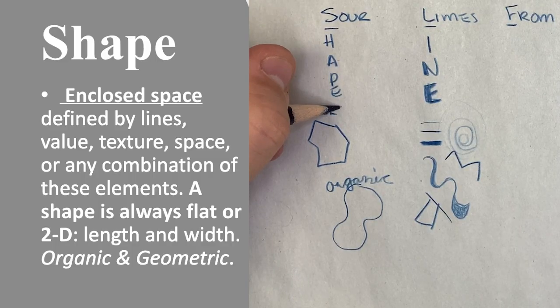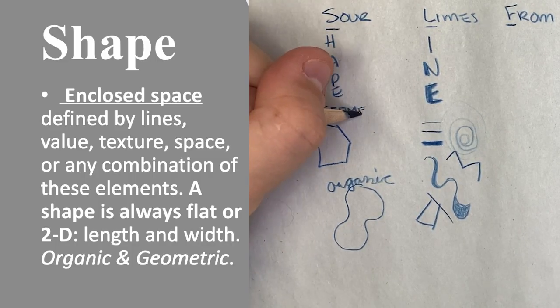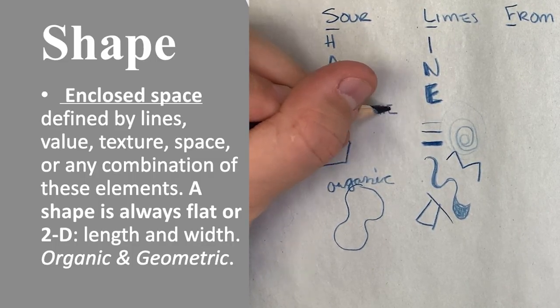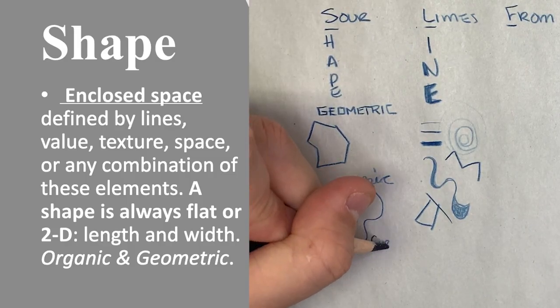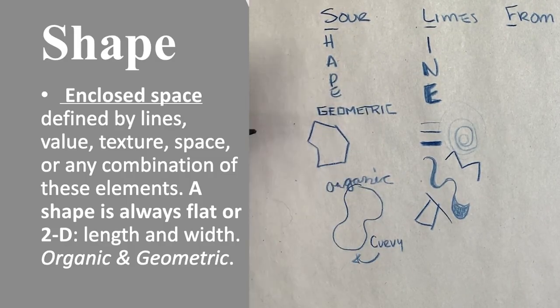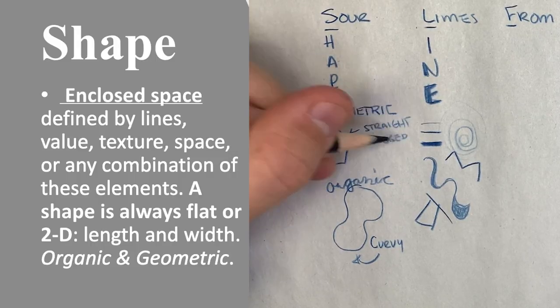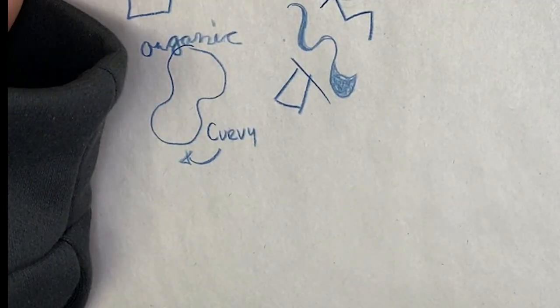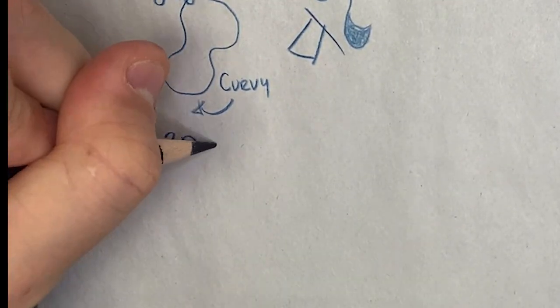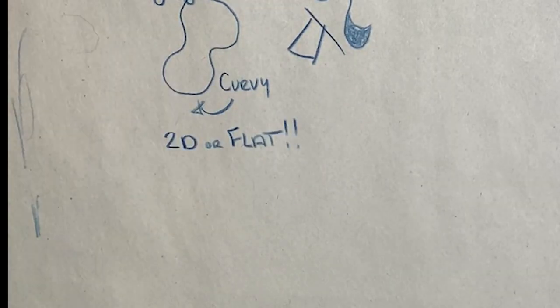Organic shapes are generally more free-flowing and are found in nature. Geometric, on the other hand, are generally made of more straight edges and are more jagged. Another feature of shapes is that they're always flat or 2D.